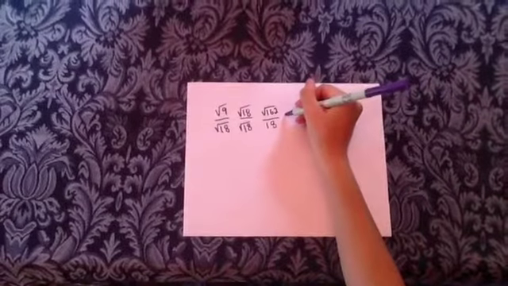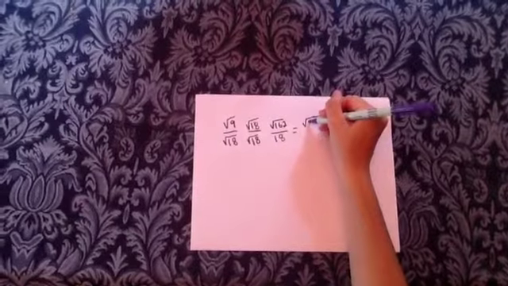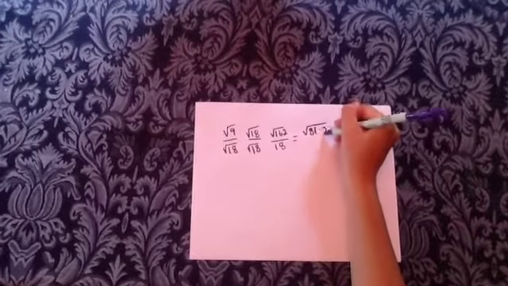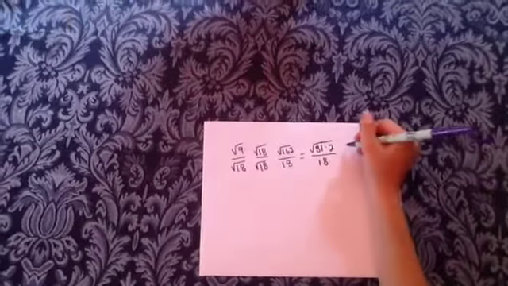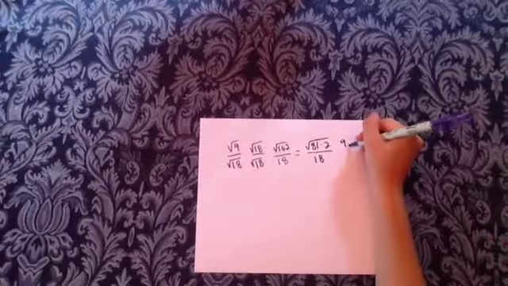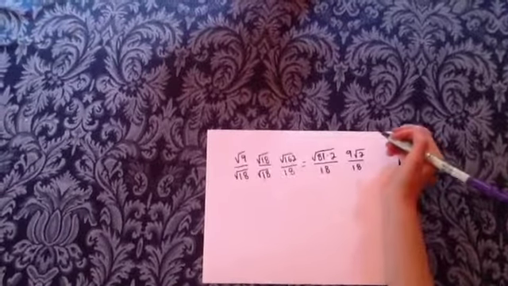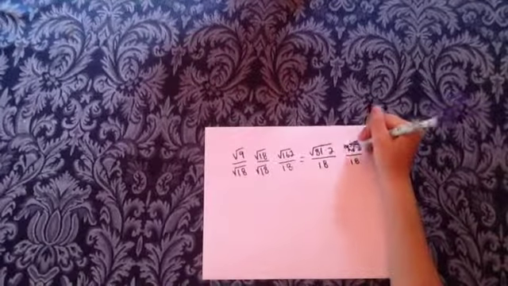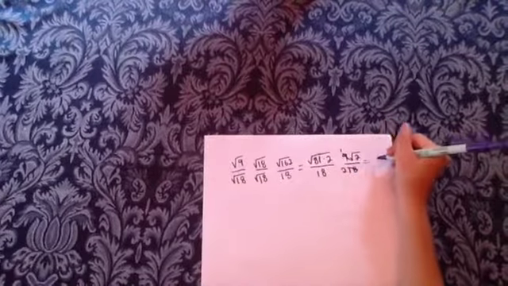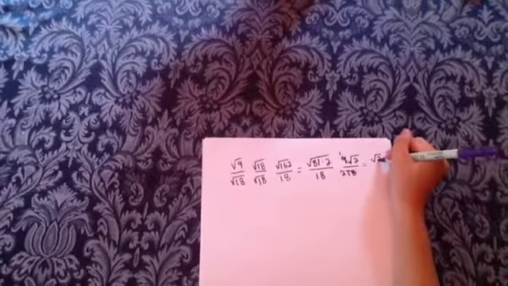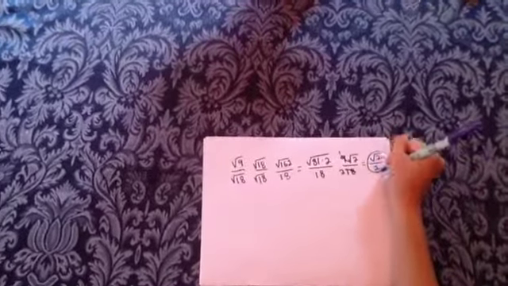Now we can simplify. 81 goes into 162 2 times. The square root of 81 is 9. So that goes on the outside. 9 square root 2 over 18. 9 over 18 is the same as 1 over 2. So the answer is the square root of 2 over 2. Amazing work!